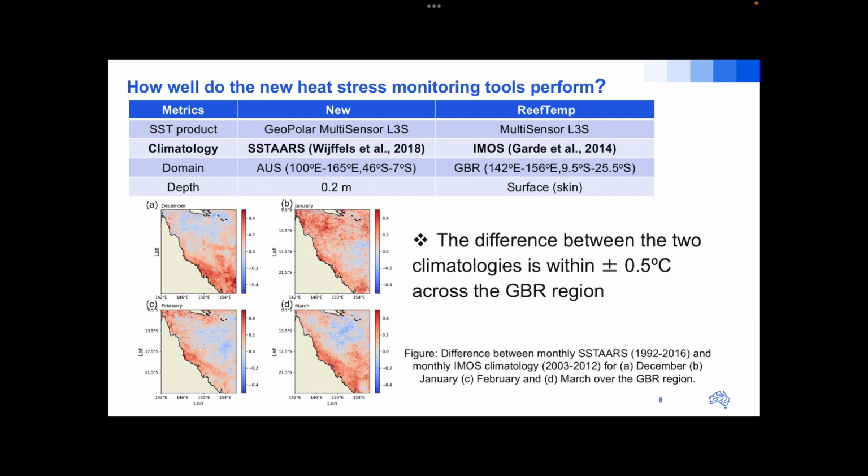This figure shows the difference between the two climatologies used by the two methods, for the summer months December, January, February and March. We did not find any pattern in this difference. The difference between the two climatologies is within plus or minus 0.5 degrees across the Great Barrier Reef region.